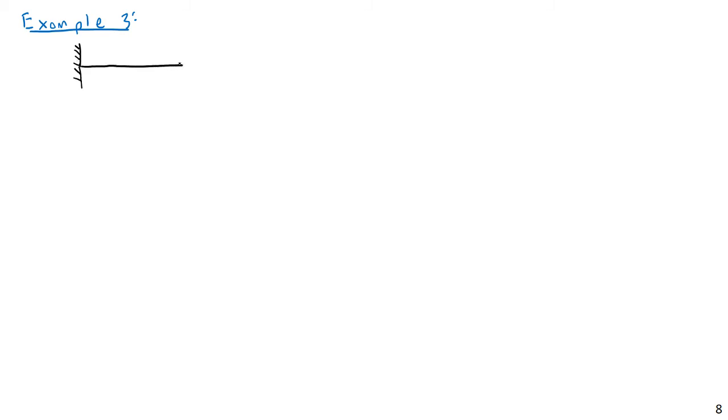I first have a fixed support here. Then I have an internal pin or a hinge here. Then I have this beam going along. I'm going to call this point A, a hinge at point B, then a point C, which I'll need later when I have a load on there. Then I'm going to have a roller at point D. And then finally, just for extra fun, I'm going to have a free end at E.